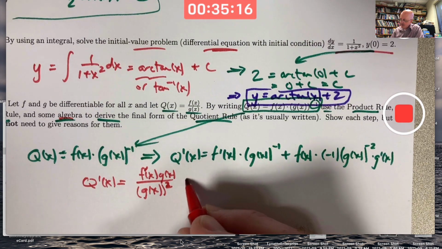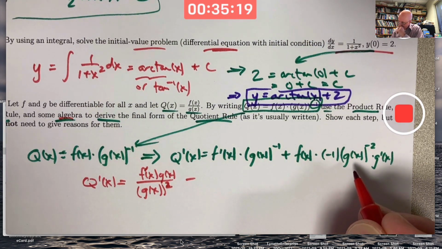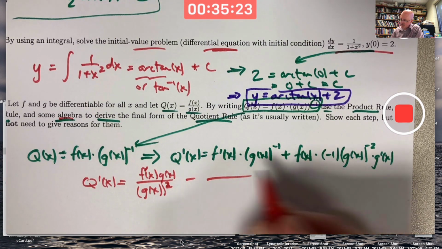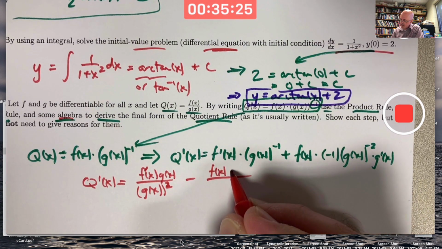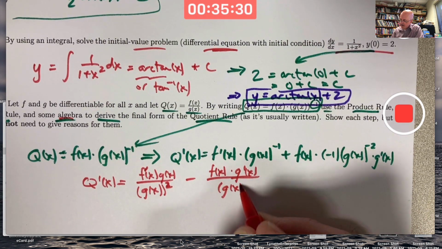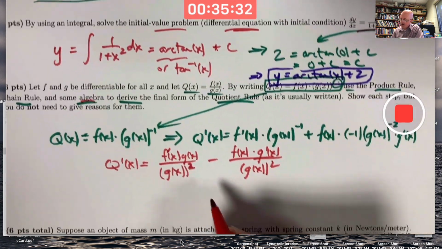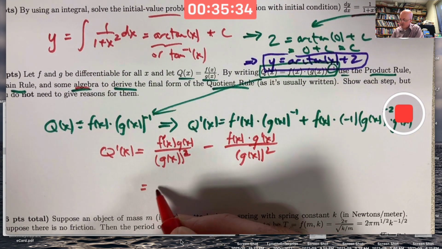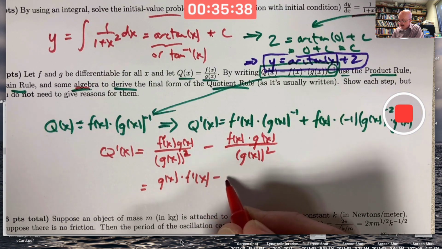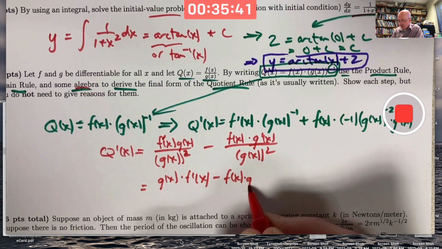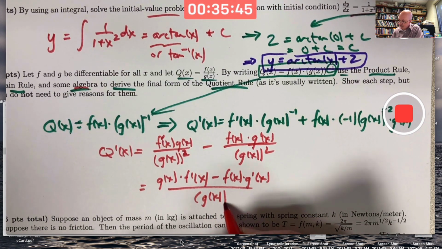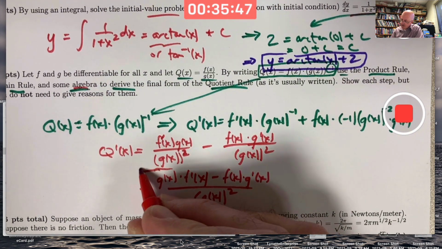See the minus sign there? That's a minus. We already have the correct denominator of g of x quantity squared. The numerator is f of x times g prime of x. And then we can subtract fractions now because I have a common denominator. And now I'll write it as low d high minus high d low, d meaning derivative, over the square of what's below. And there's the way the quotient rule is usually written.